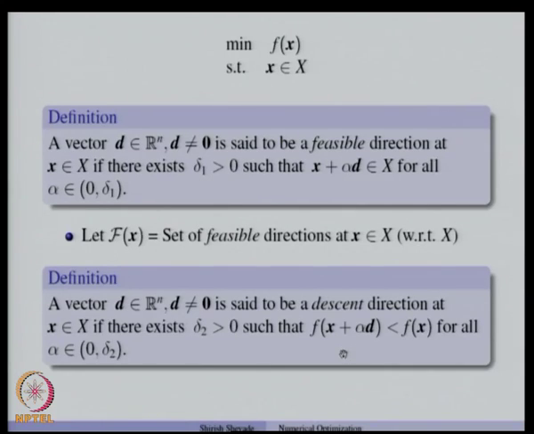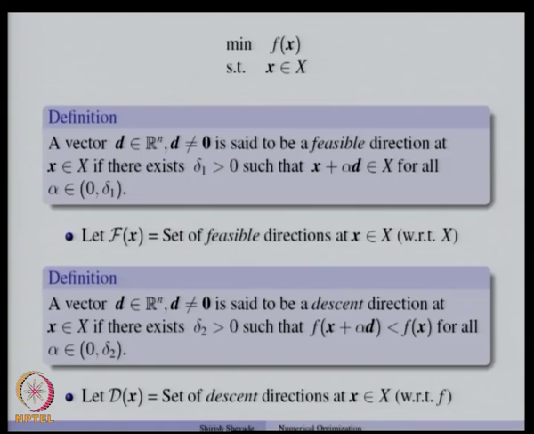In this case, we want to minimize this objective function f of x. So, the descent direction is associated with f. So, let us denote by script D the set of feasible directions at x belonging to X, and as I said, the descent directions are always with respect to some objective function f.